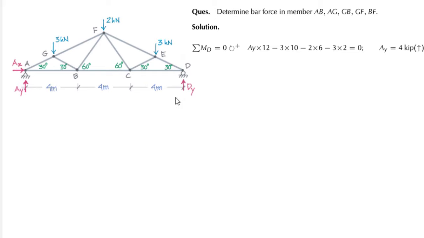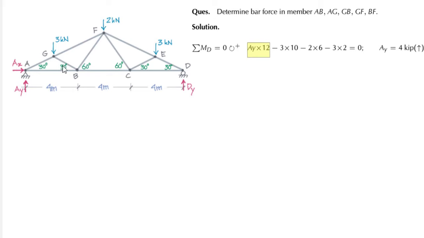So Ay is the force, and we need the distance, and the distance is 4 plus 4 plus 4, that is 12. So positive Ay times 12. Now let's talk about the 3 kilonewton force. As the arrow is downward, it is a negative, anti-clockwise moment.